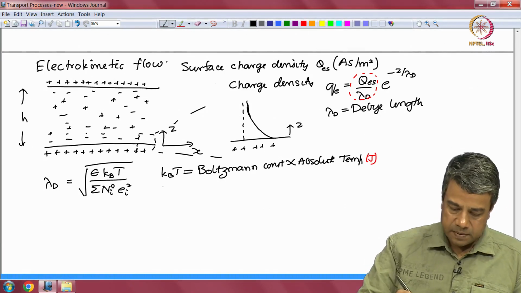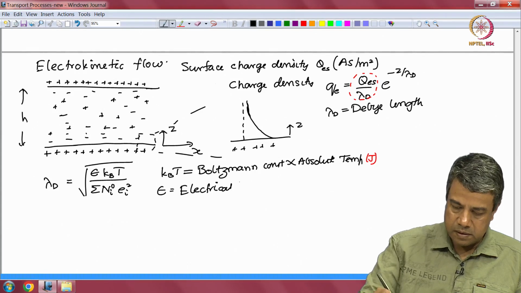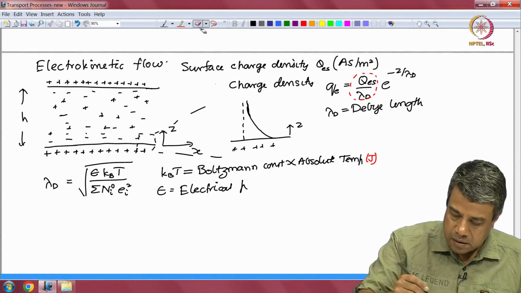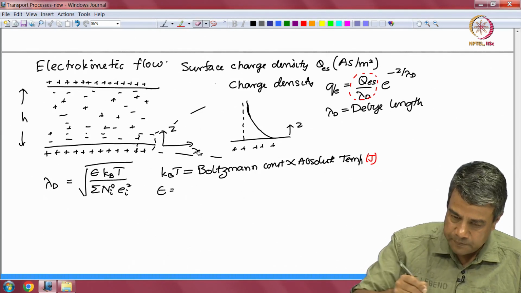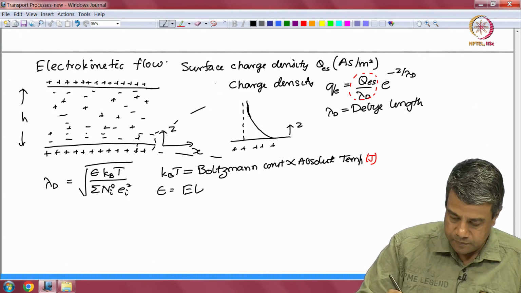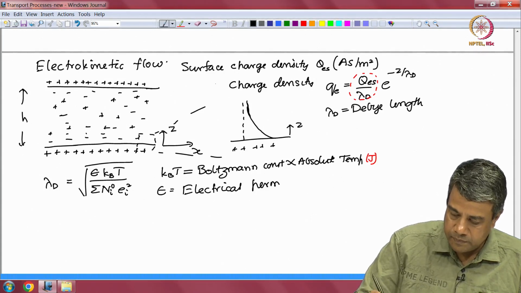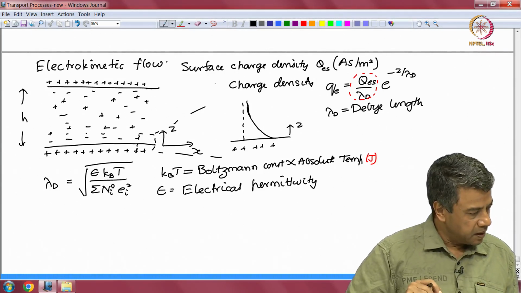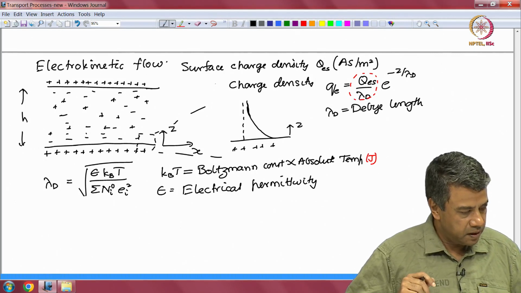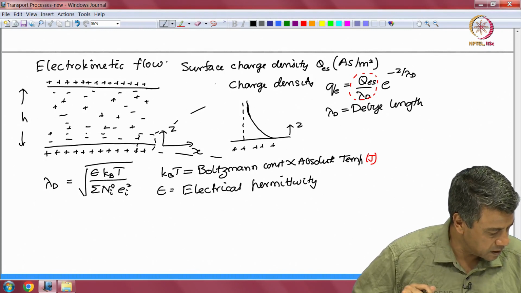Epsilon is the electrical permittivity of the fluid. This has dimensions which we actually calculated when we did dimensional analysis.